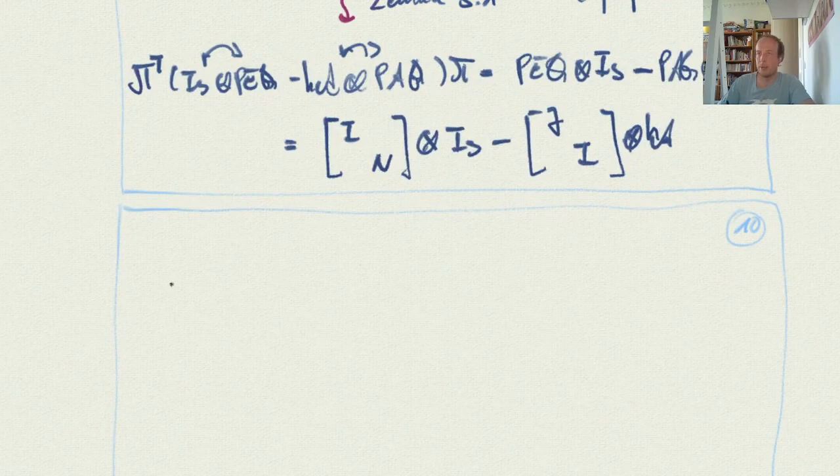And if you recall what the Kronecker product is, it's the entries times the other matrix all the time.